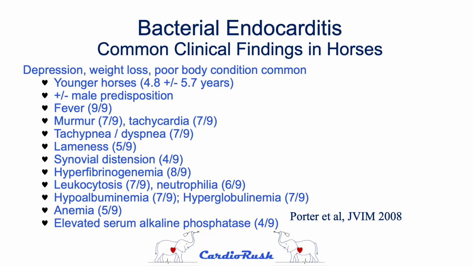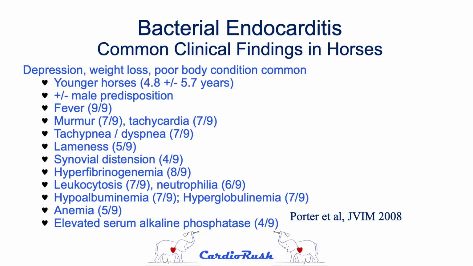Common clinical findings in horses can include depression, weight loss, and poor body condition. Bacterial endocarditis has been more frequently diagnosed in younger middle-aged horses. There may be a mild male predisposition.